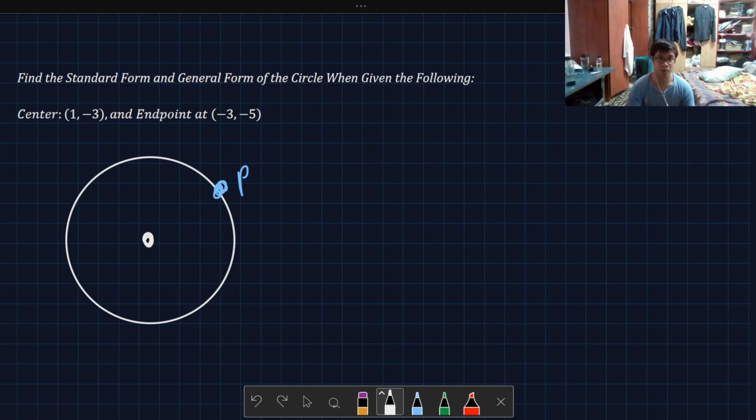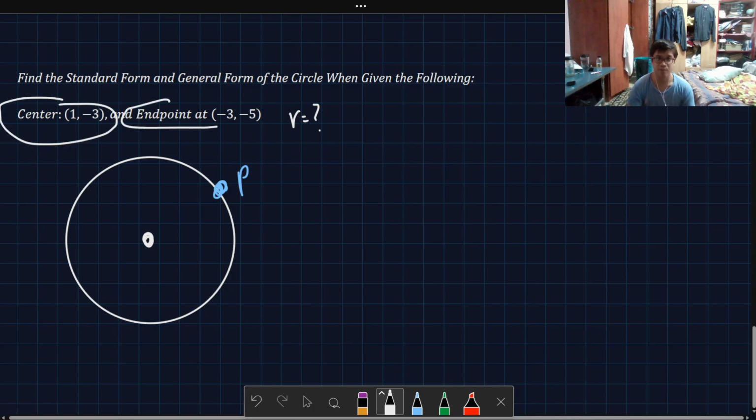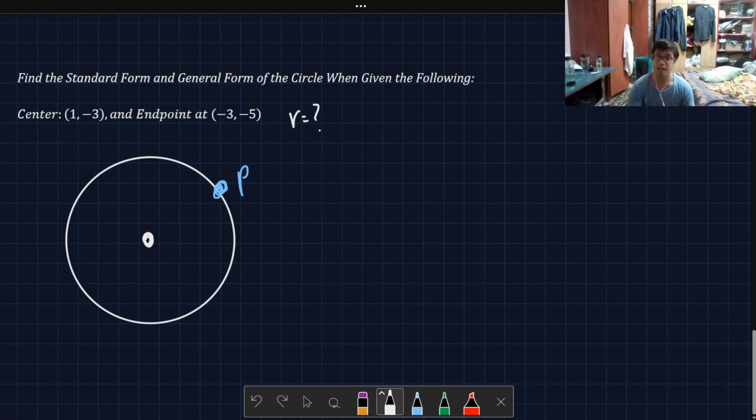Now, how are we going to do that? Center is given, but the radius is not. So we need to find the radius. Center is given, endpoint is given. So in that case, we can actually find the radius, because if we have an endpoint and a center, getting the distance between the two will be the length of the radius.